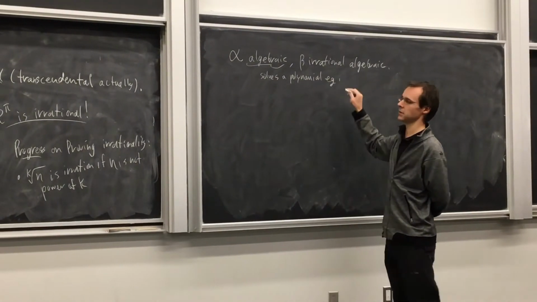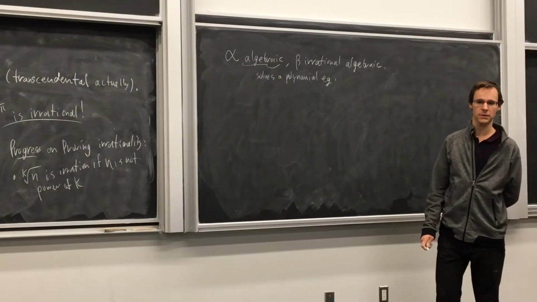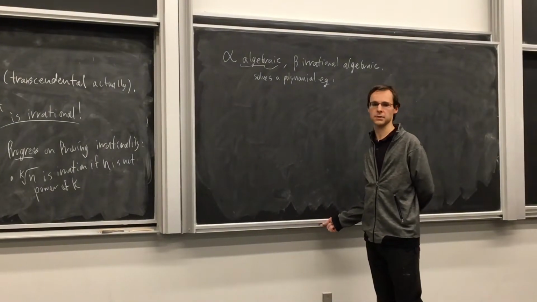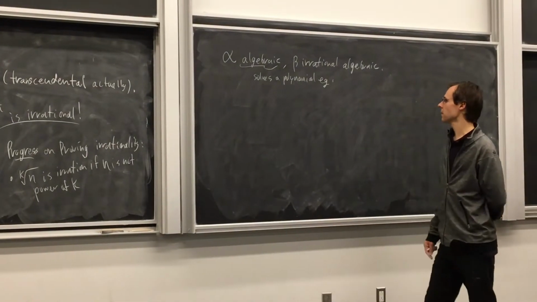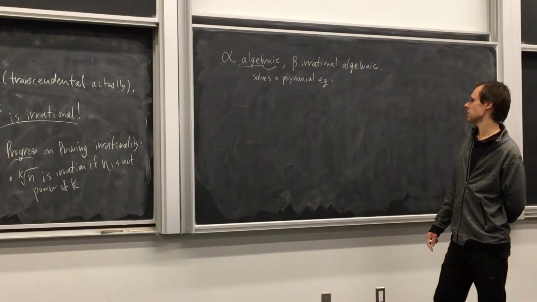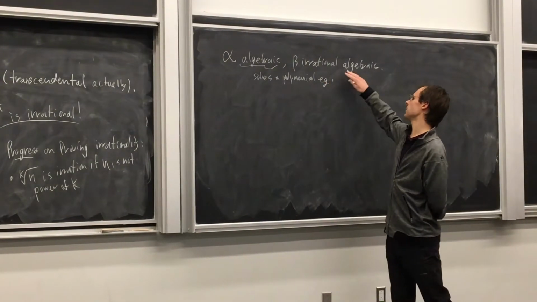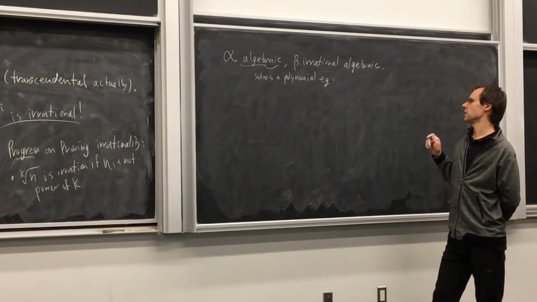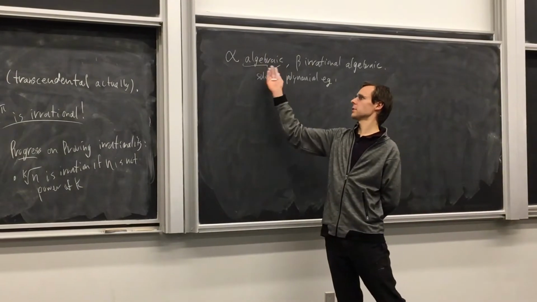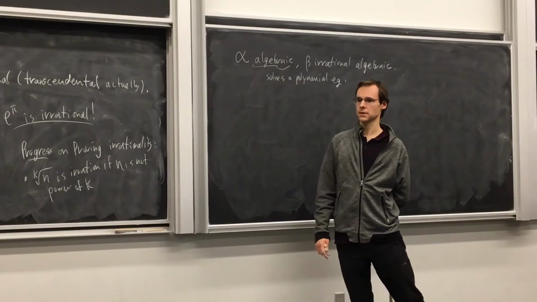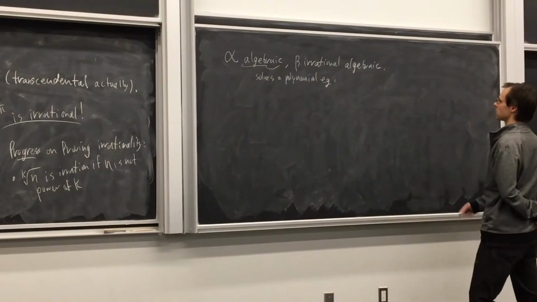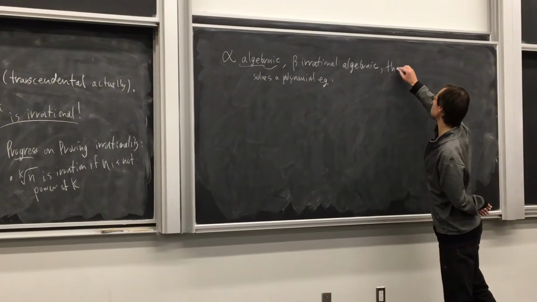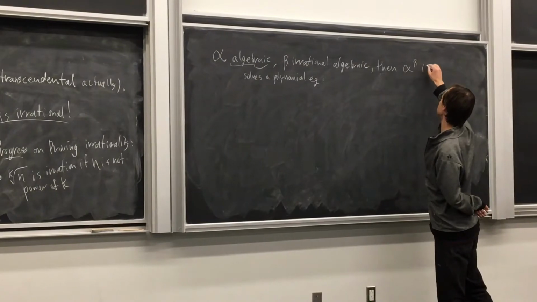Like root 2, for example, is algebraic because it solves x squared minus 2 equals 0. Okay? That solves a polynomial equation. If alpha is algebraic and beta is irrational algebraic, because obviously alpha being algebraic takes into account all integers and things like that, then alpha to the beta is transcendental.